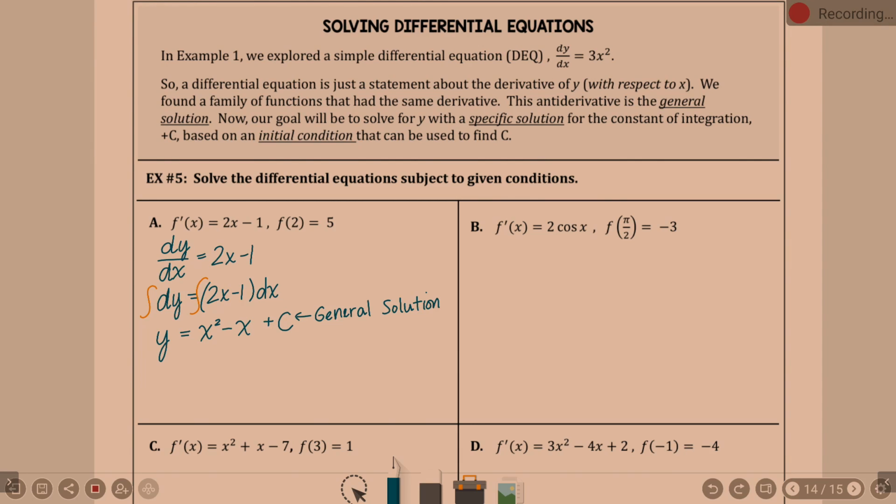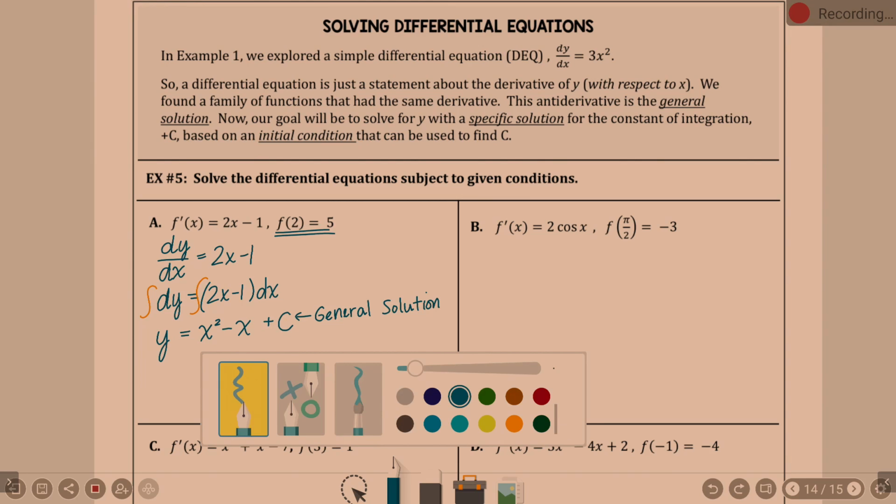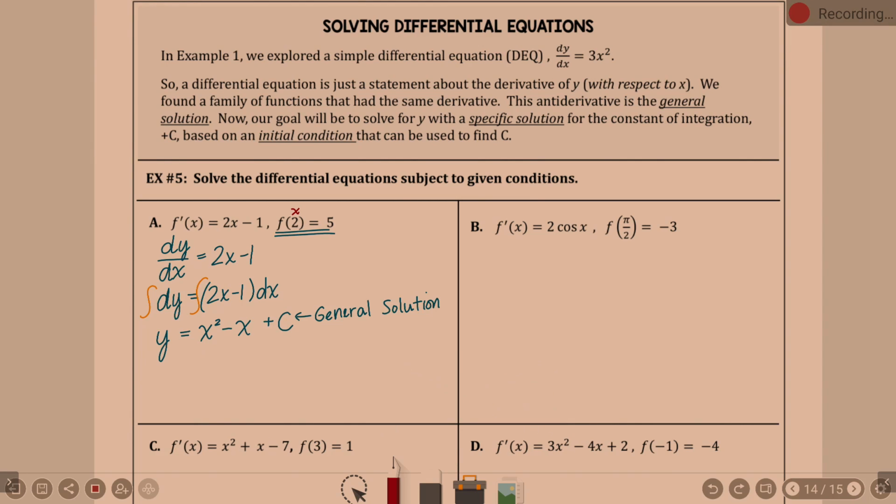Now, it, however, asked us to solve subject to the given conditions. What else were we made aware of? f of 2 equals 5. So keep in mind that 2 is an x value and 5 is a y value. By plugging in those values for x and y, we can now find c, and we will have our specific or particular solution.